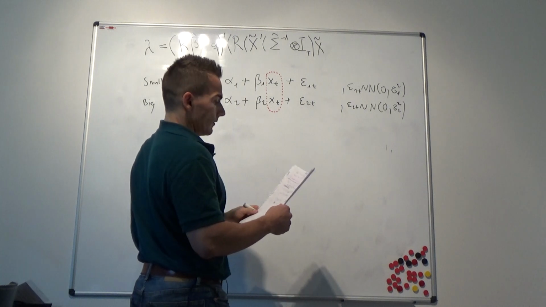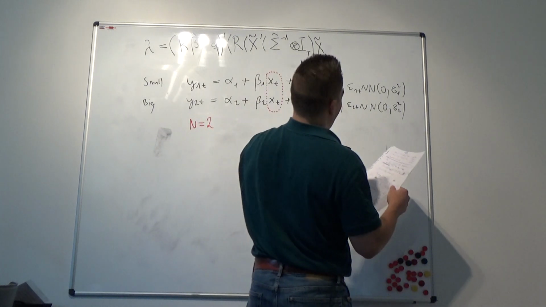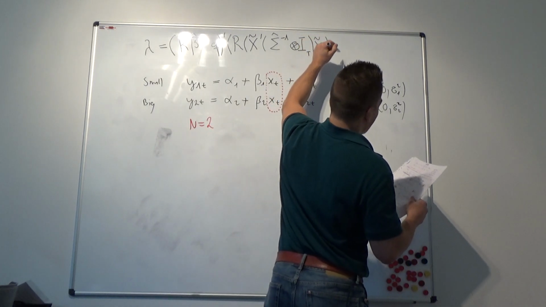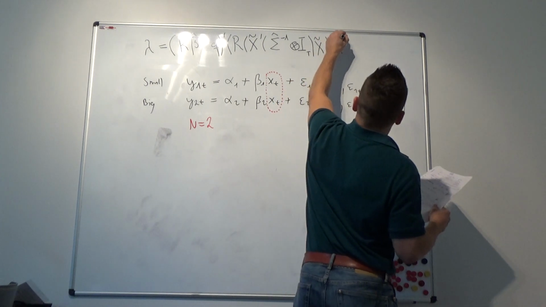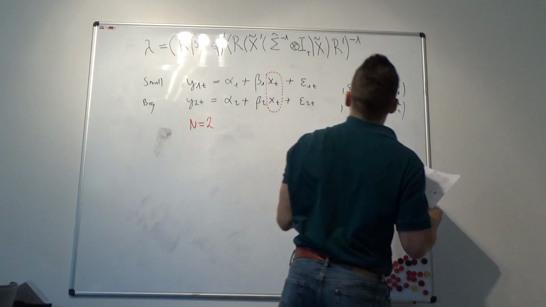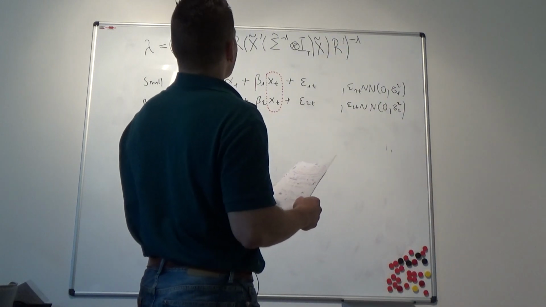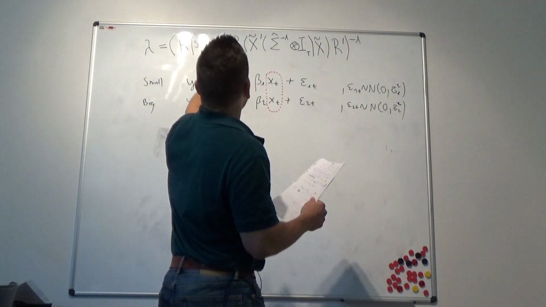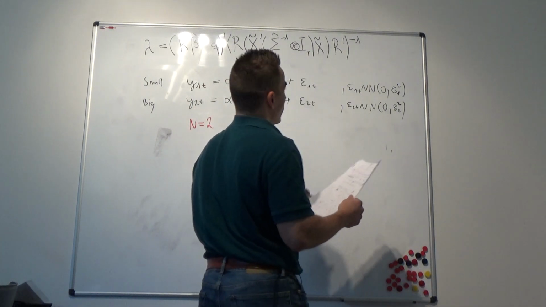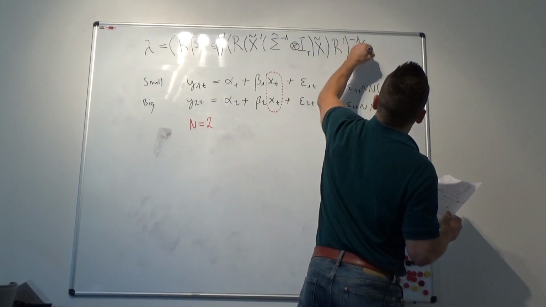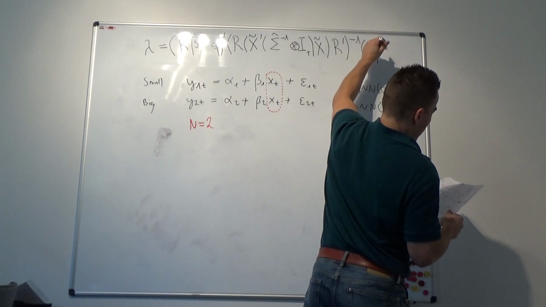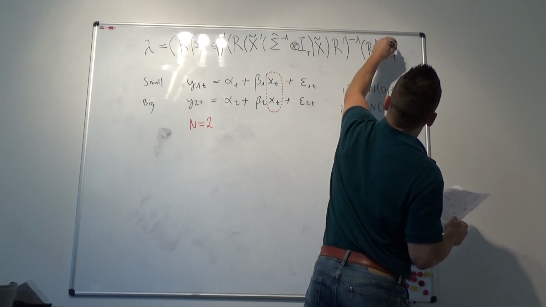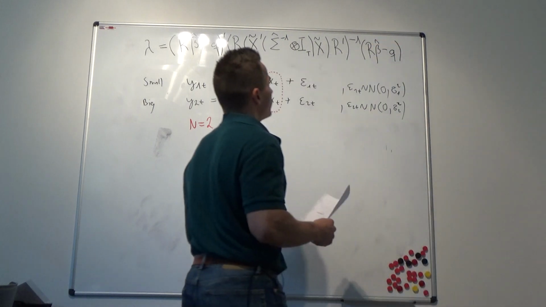It's not a hat. We will define later what it is. Times R transposed, inverted. So we see that this whole term is inverted, times R times beta hat minus q, parenthesis closed.